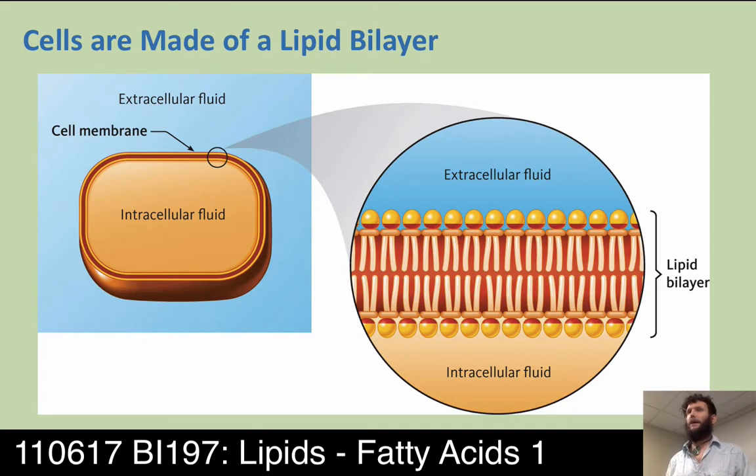And the little fingers sticking down are the long greasy tails that are equally happy to be next to one another in a hydrophobic environment, a non-polarizable environment. But you can't just have the bottom of those greasy tails open to water on the other side of the wall, so we get this bilayer effect. We have two layers, a layer of upward or outward facing fatty acids or lipids, and a layer of downward or inward facing fatty acids or lipids. We get this lipid bilayer.